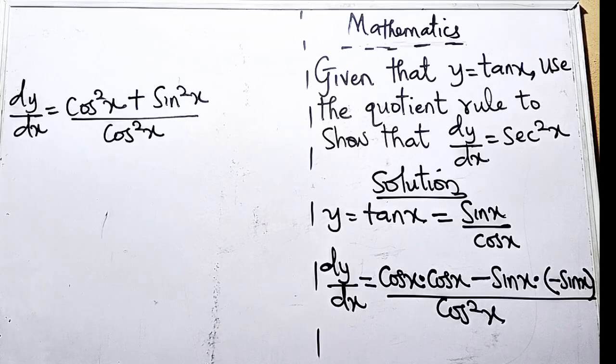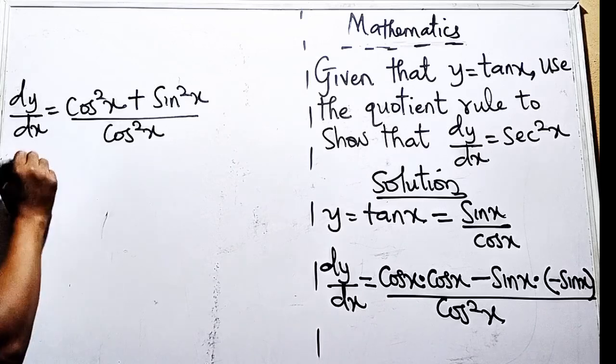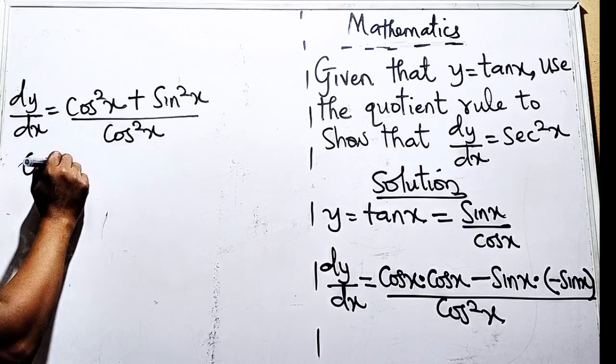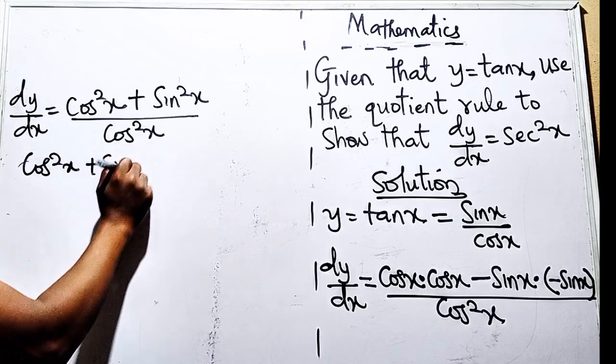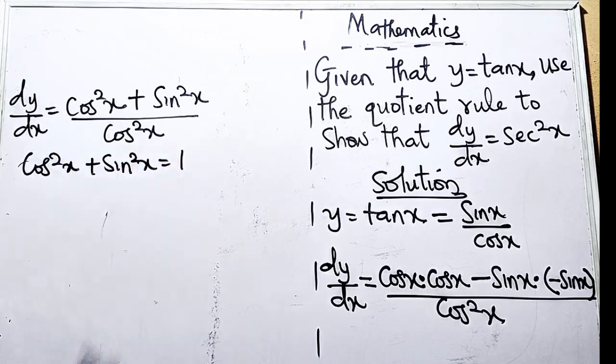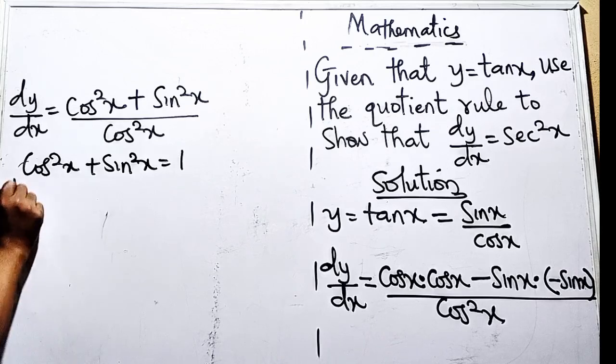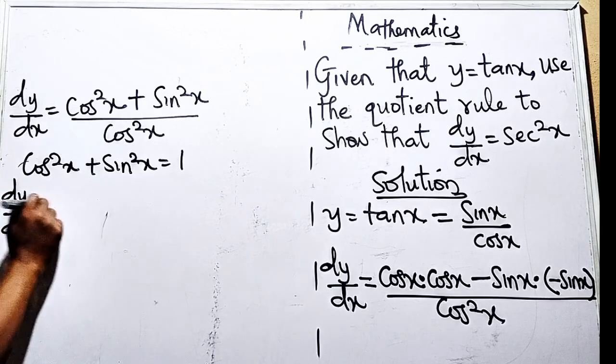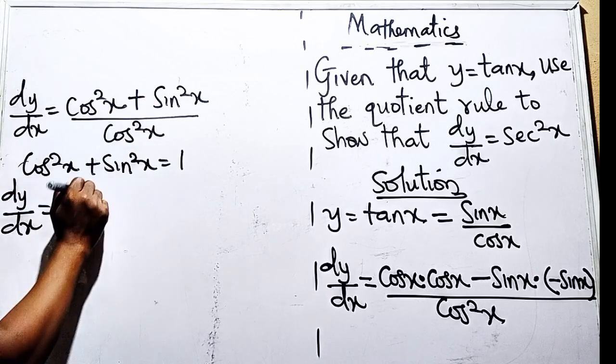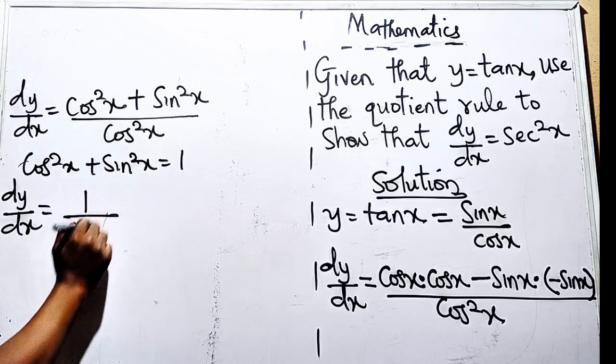Now recall that from the trig identity, cos squared x plus sin squared x is equal to 1. So my dy/dx will be equal to 1 over cos squared x.